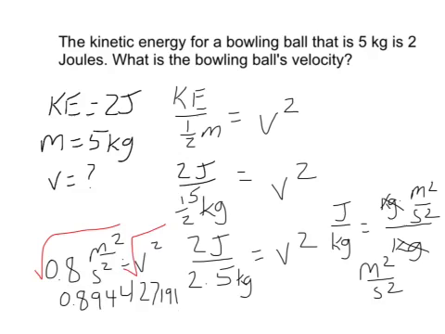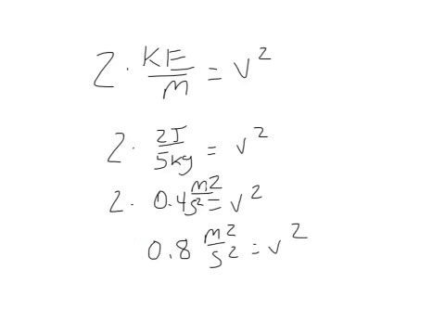And the square root of meters squared divided by seconds squared would just be meters divided by seconds. So that's the velocity. By the way, if you did it using the second equation, 2 times KE divided by m, you'd still get the same answer, as you could see.